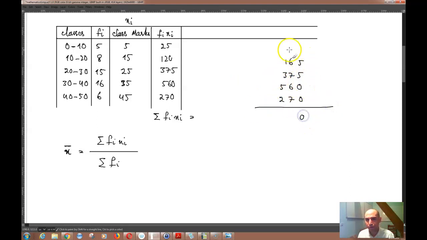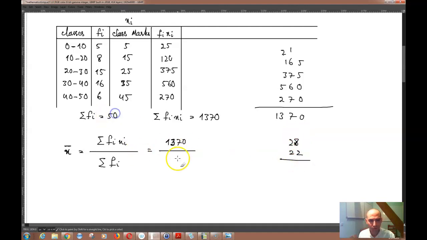Adding these up, we get 1370. And you divide by sigma f of i, which is 5 plus 8 plus 15 plus 16 plus 6: 13 plus 15 is equal to 28, 28 plus 22 is equal to 50. So you divide this by 50, and you'll get your answer.